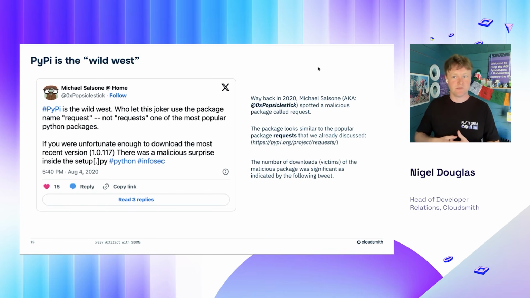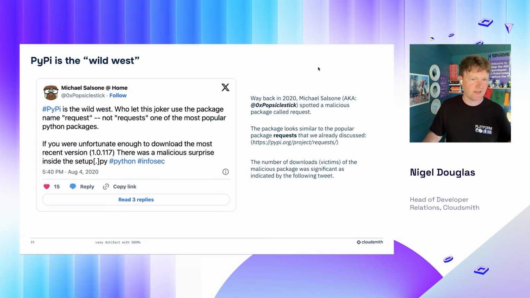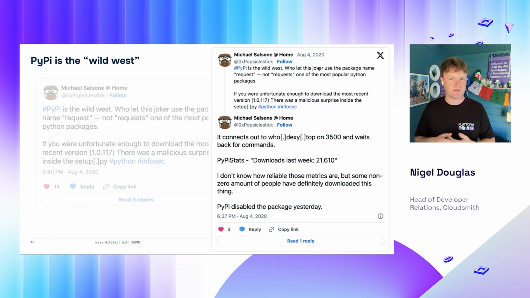It was actually about this exact requests example, where people are constantly making the mistake: you've got a heavily popular package, you're missing an S on it, and sure enough, someone's already registered that package, like I mentioned earlier, and in this case there were 21,610 downloads. So in case there's any confusion or ambiguity about this, and people are thinking, okay, this isn't a real attack, this wouldn't really happen, it really does happen all the time.